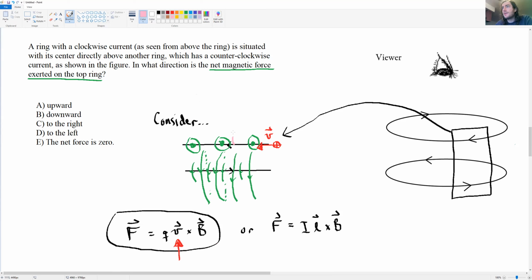So the force on this segment of the wire is up. Okay, the force is up. So if we were to extend that same logic to every piece of the ring, what we would find is that the force on every piece of the ring is directed upward.